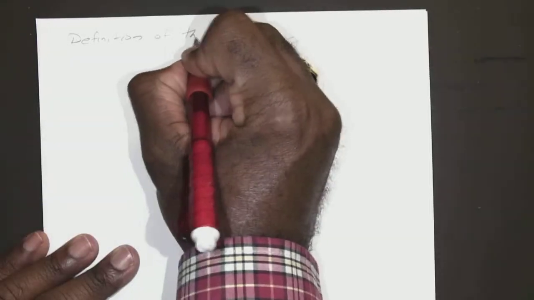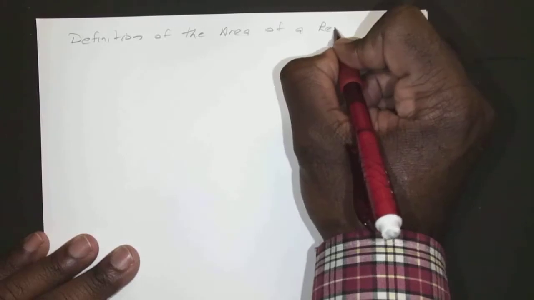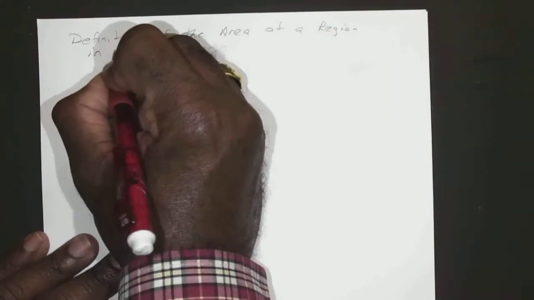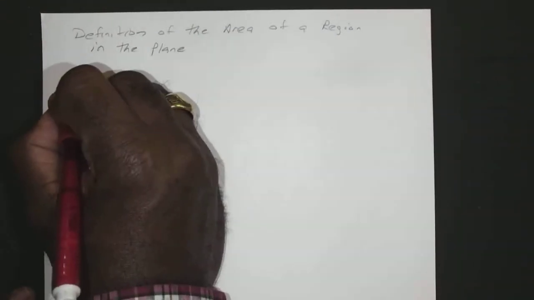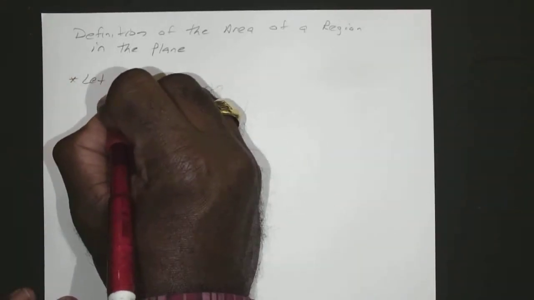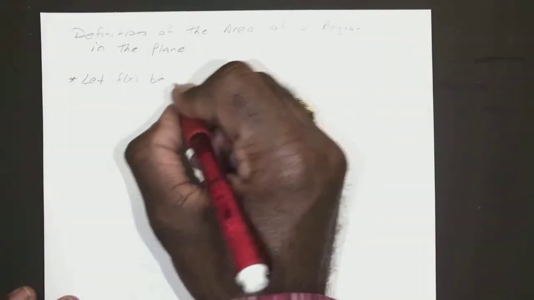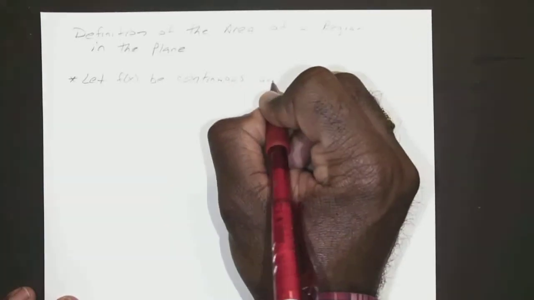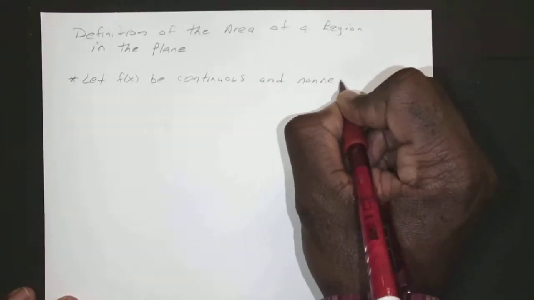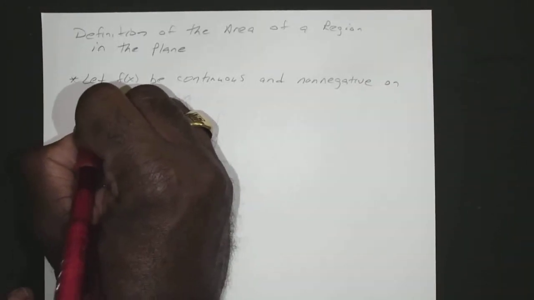Definition of the area of a region in the plane. Okay, so we'll let f be a continuous and non-negative function on some interval a to b.